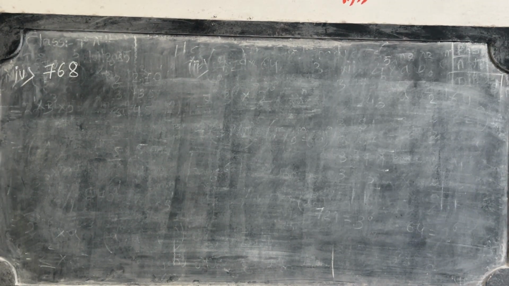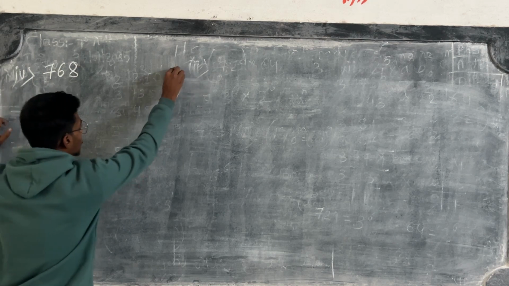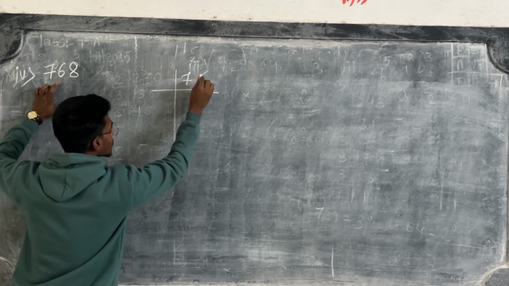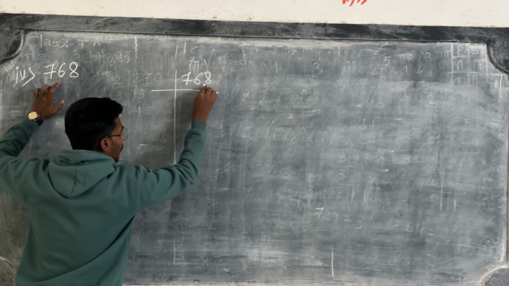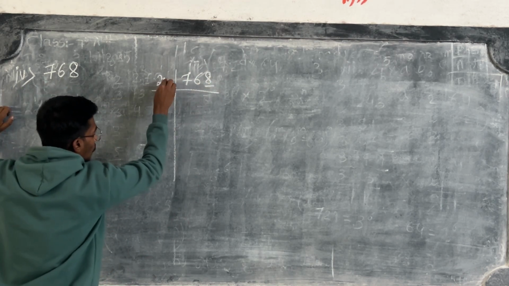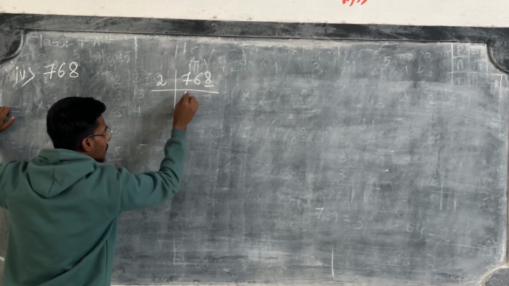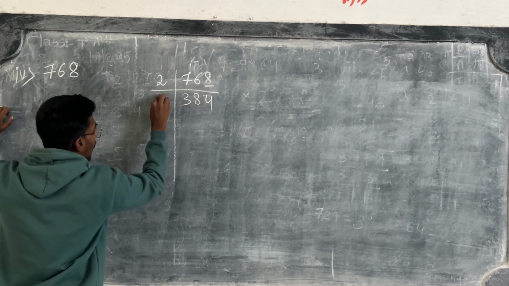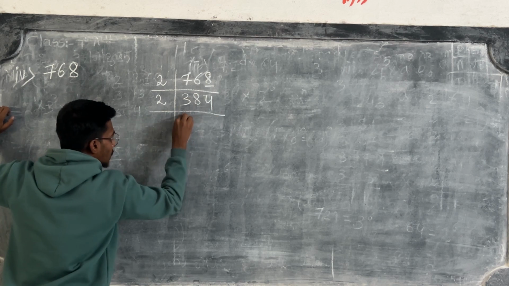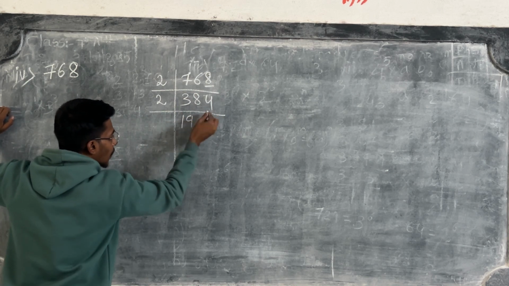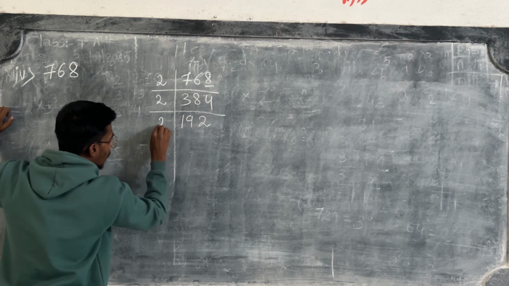So we have to find the factor of this number by using the prime factorization method. 768. In the unit place there is an even number, so it is completely divisible by 2. 2 3s are 6, 2 8s are 16, 2 4s are 8. Again even number, 2 1s are 2, 1 carried becomes 18, 2 9s are 18, 2 2s are 4.